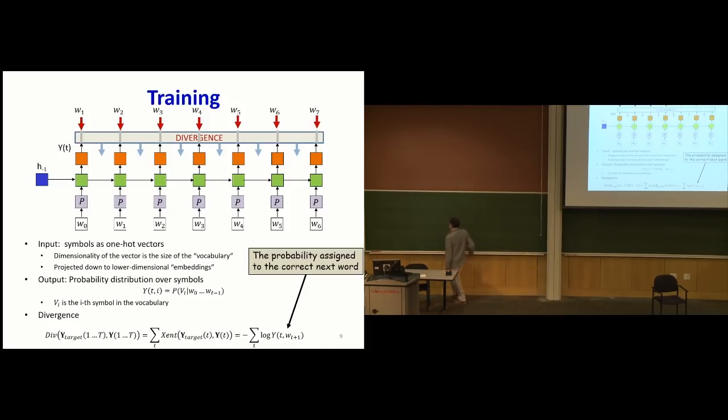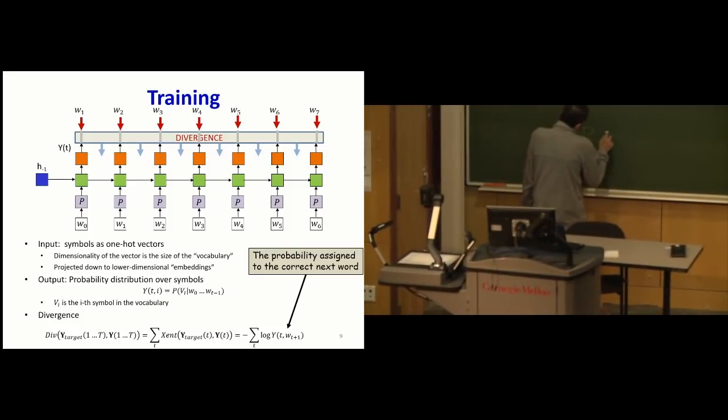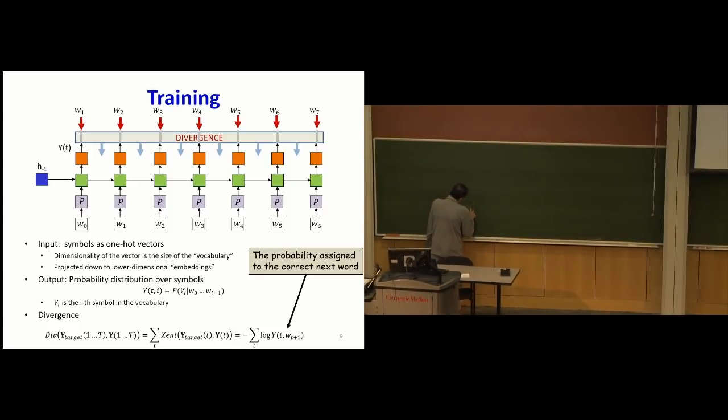So after "four" the next word is "score," after "score" the next word is "and." This goes through the net, and what is output is a probability distribution over the entire vocabulary.